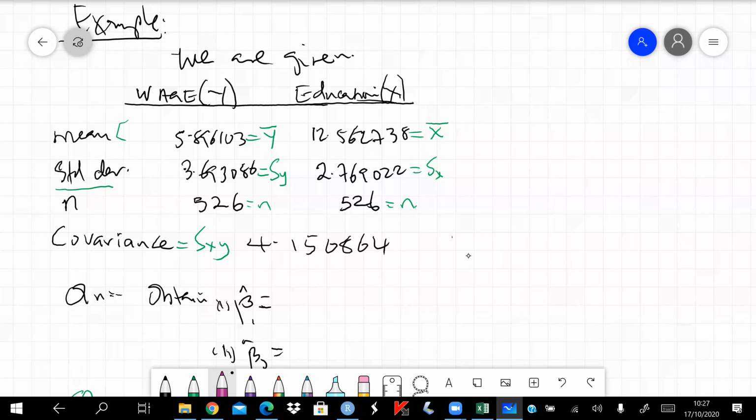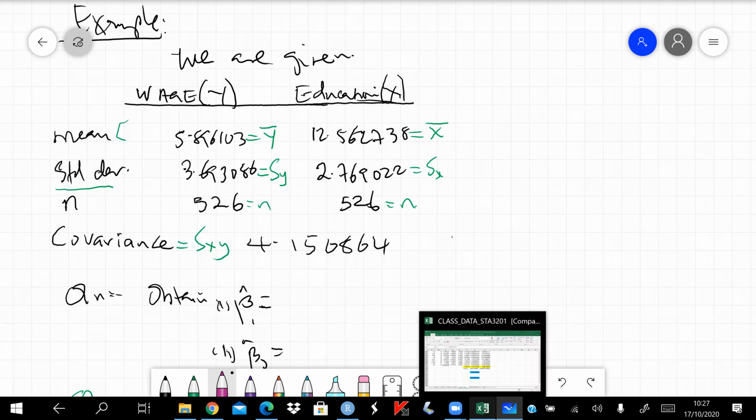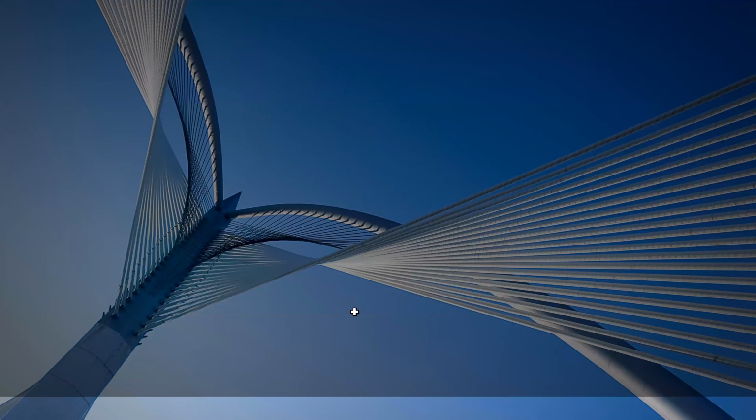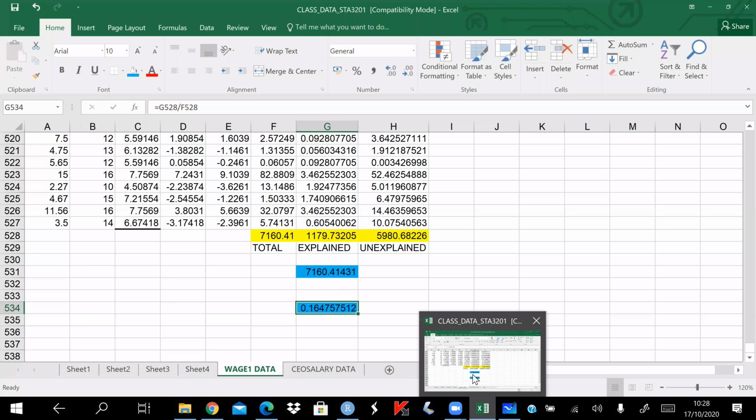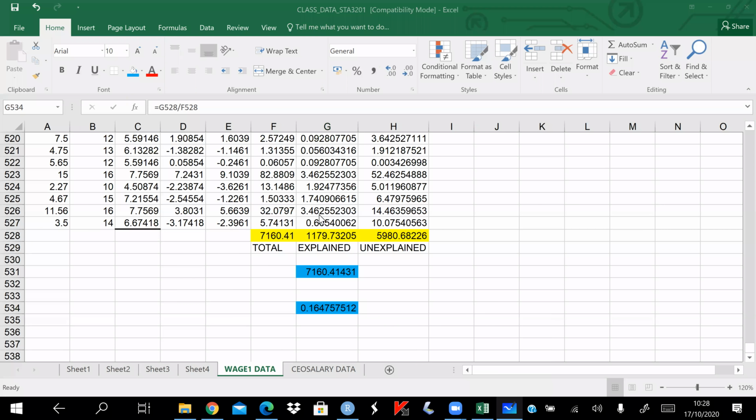Using this information, let's obtain the coefficient of determination. And I think I've shown you that if you compute the coefficient of determination, you should get this value, 0.164 something. So I want us to obtain that value manually using this information here.